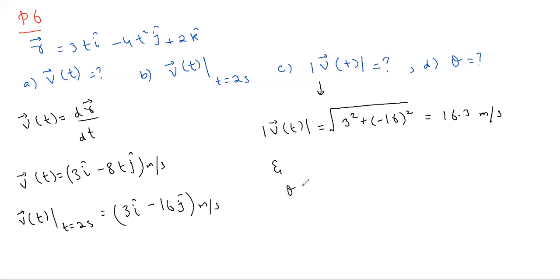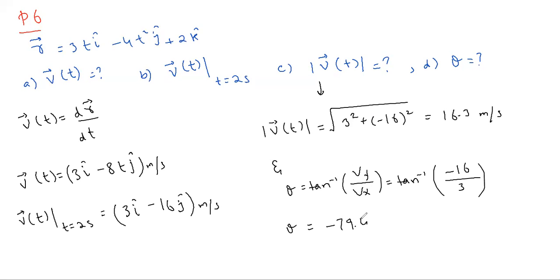And we know how to find theta, tangent inverse of Vy over Vx, tangent inverse of minus 16 over 3. Theta equals minus 79.4 degree, or 180 minus 79.4, that is around 101.6 degrees.